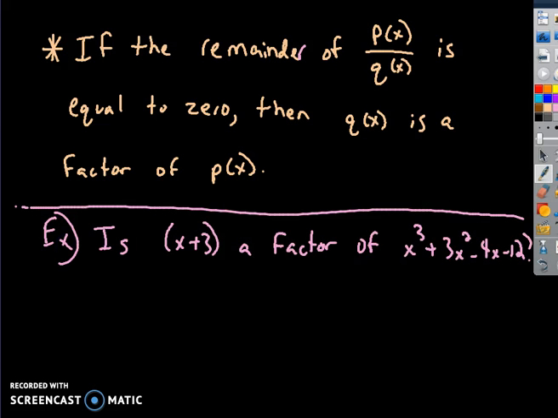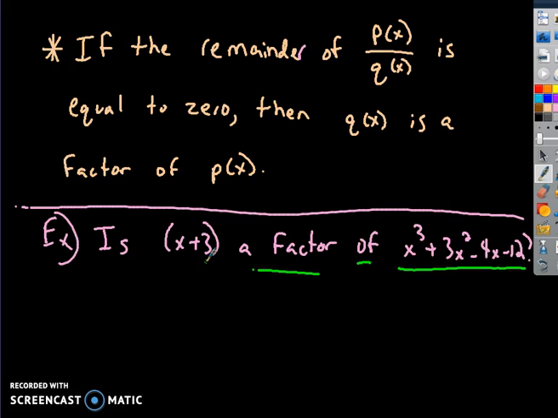All right, so the question is, is x plus 3 a factor of this polynomial? One way we can prove it, you already know, is we could just factor this and see if x plus 3 came up anywhere as one of those factors. You could do that. That's pretty easy. This is another way of doing it, though.